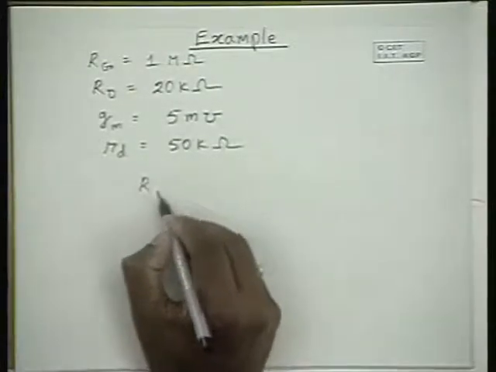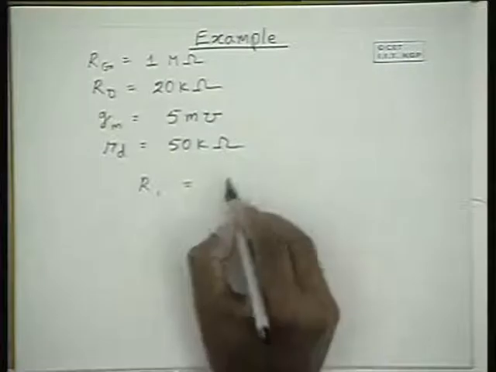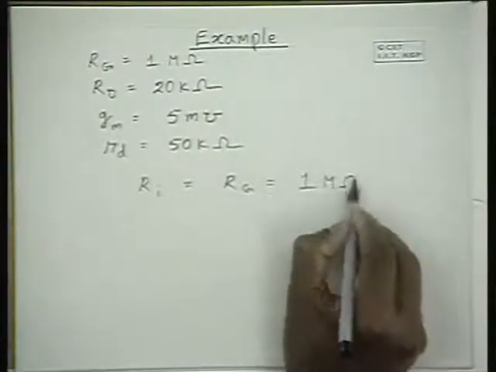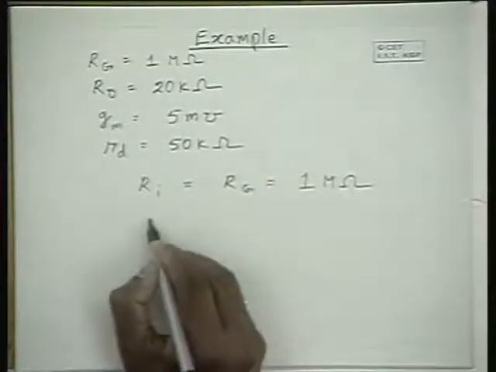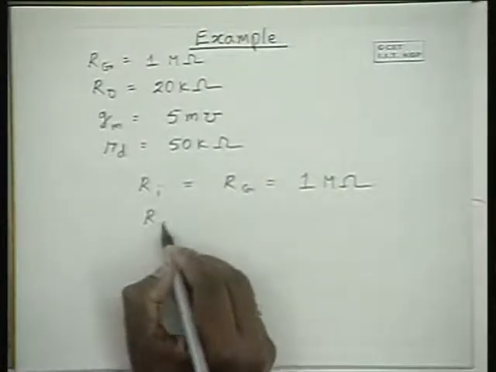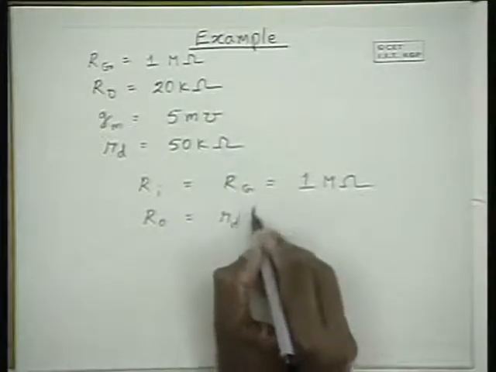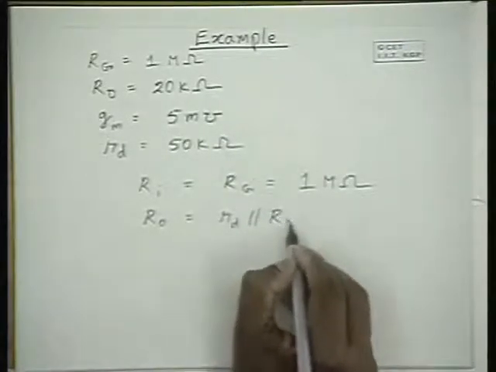Straight away we get the input impedance as RG, which is equal to 1 mega ohm, and output impedance as rd in parallel with capital RD.